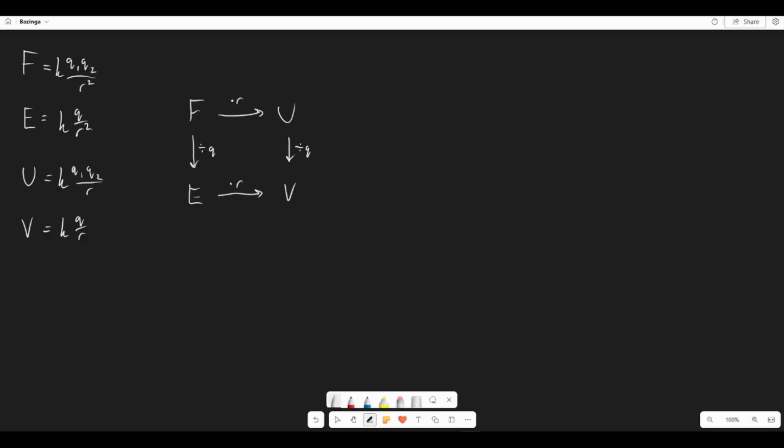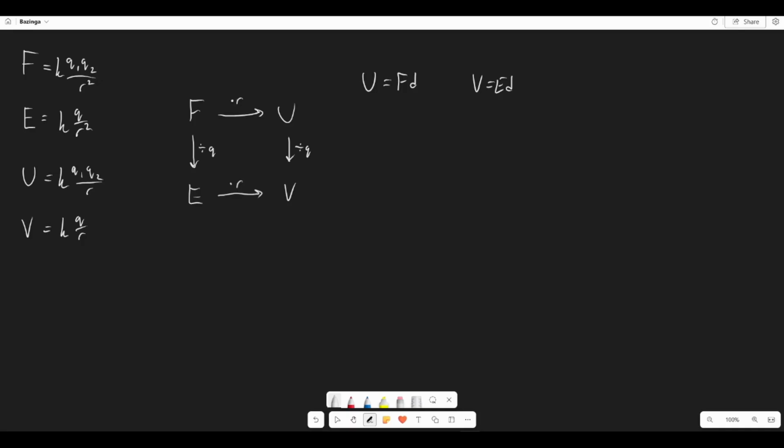So this gives us a set of equations that we can use to relate these quantities. Firstly, F is equal to U by R, and accordingly E is equal to V by R. These are more commonly expressed as U equals FD and V equals ED.